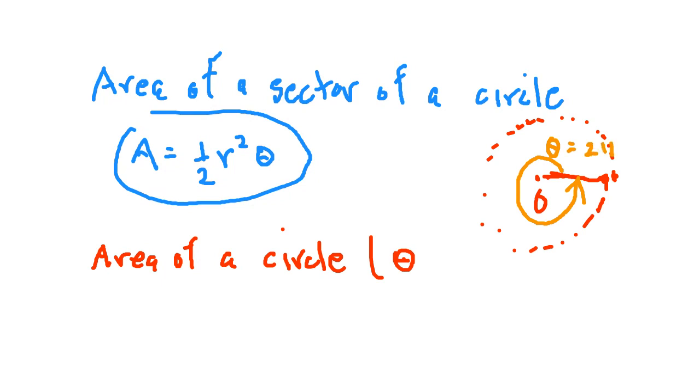That's right, Taj, 2 pi. So for a circle, theta equals 2 pi.